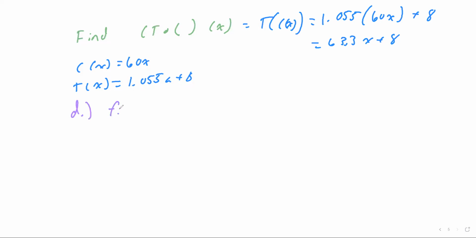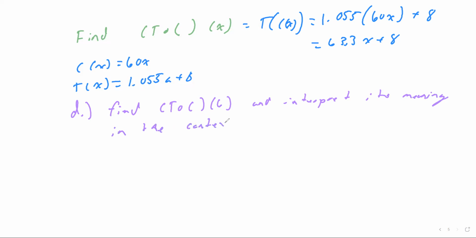Now, the next question, this is the last part of it. It says find T of C of 6 and interpret its meaning in the context of this problem.